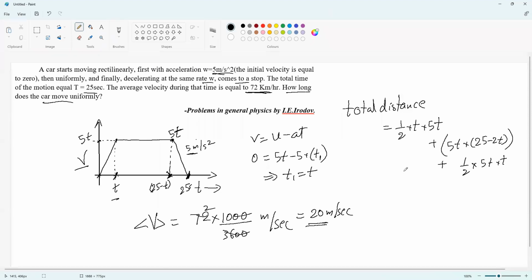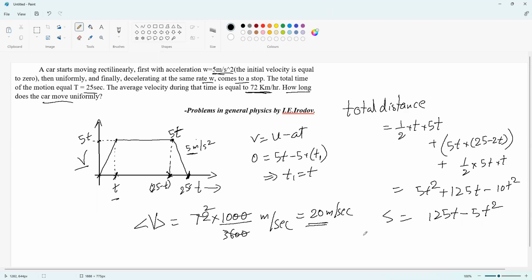This would give us 5t squared plus 125t minus 10t squared. So the total distance S is 125t minus 5t squared.